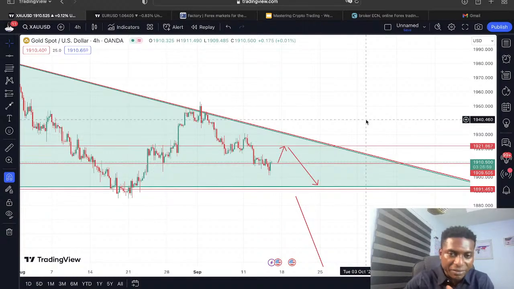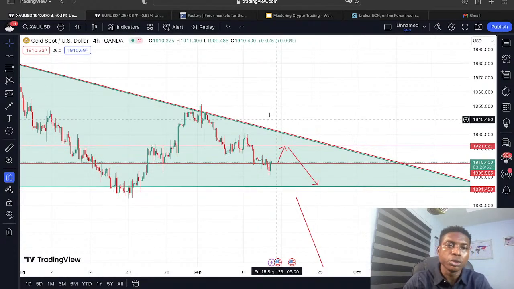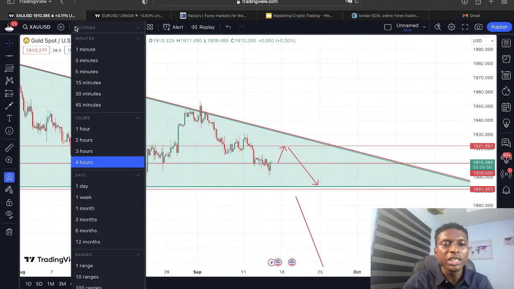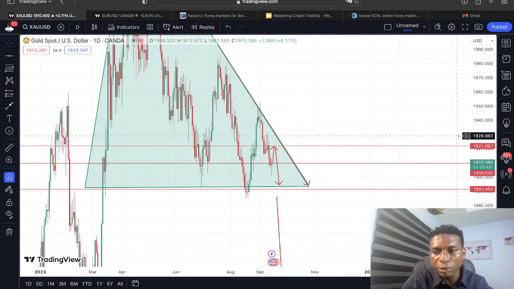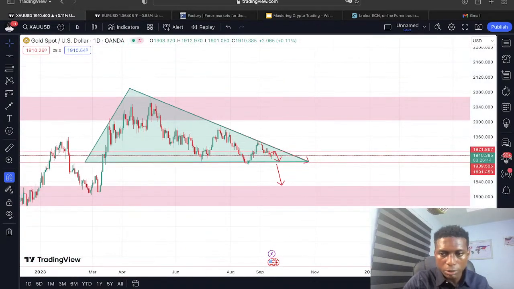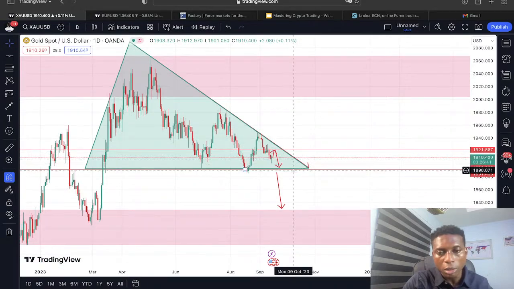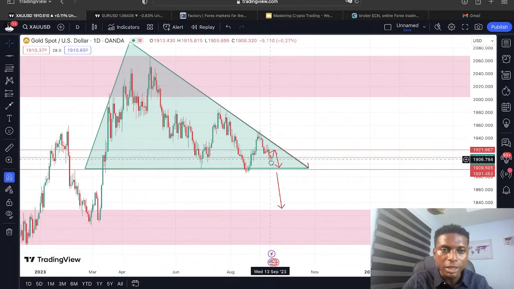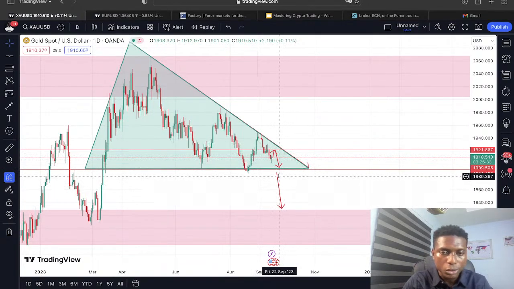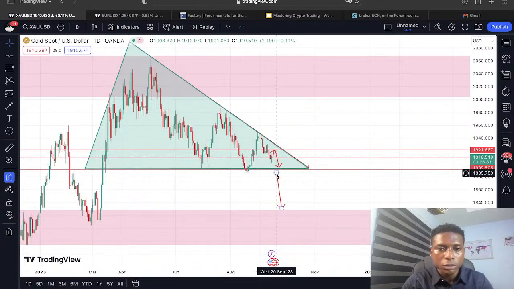So we have a general bearish outlook on gold. If you are trading on the long term, if you are a swing trader, you can look to shorting gold, which is selling gold. If you want to wait for further confirmation, you can wait for price to break out of this level before you start shorting.